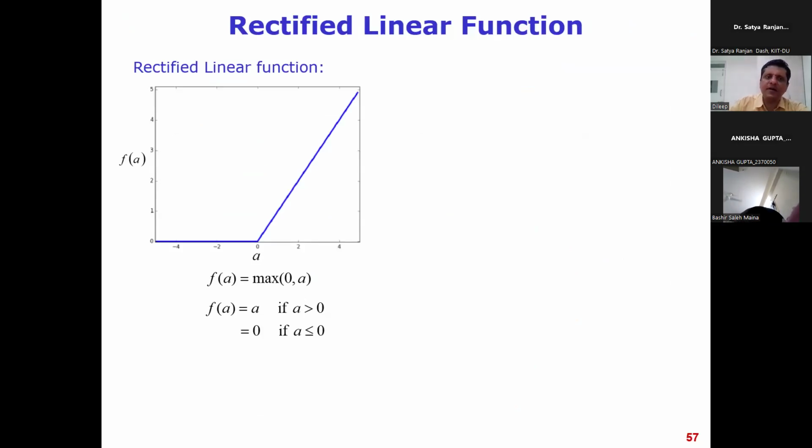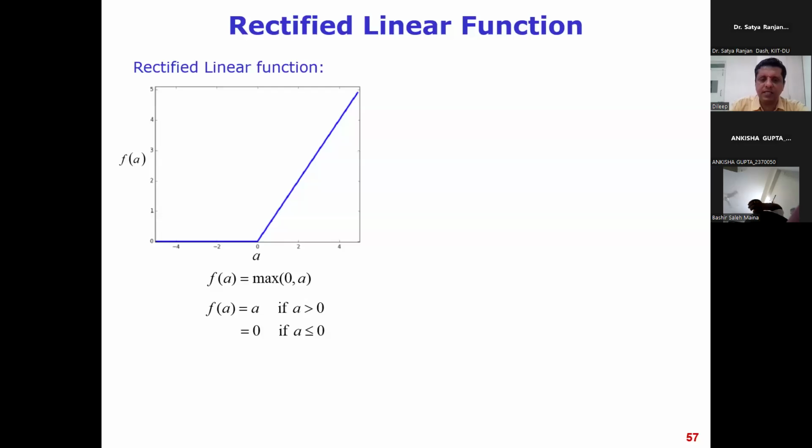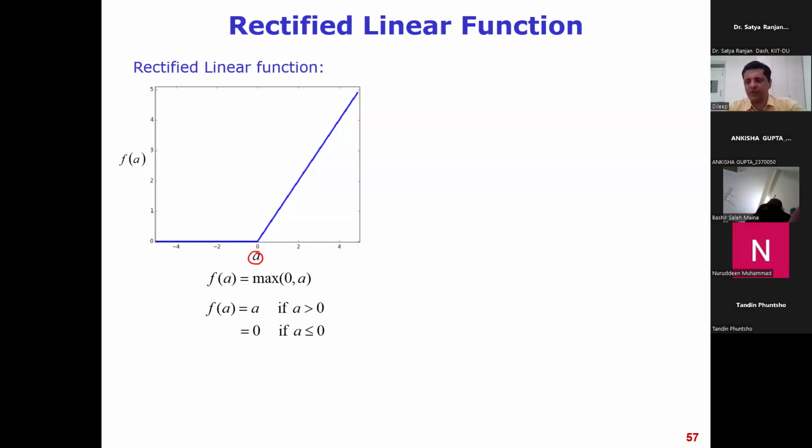Otherwise, the rectified linear activation function differs from the logistic, or sigmoidal, activation function in that whenever my activation value A is negative, it takes the value 0, and whatever positive value A has will be considered. Basically it truncates all the negative values of the activation.